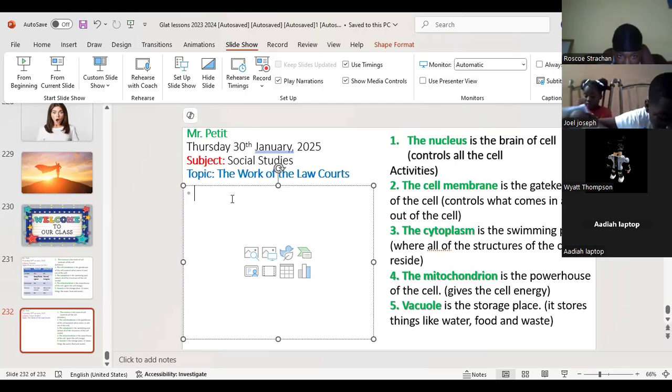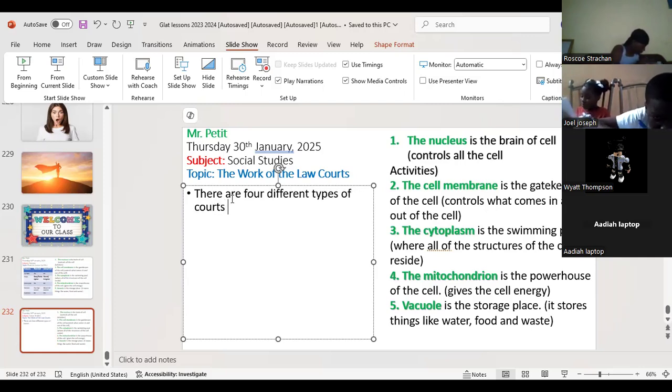So there are several courts. There are four, well, let's say four different types of courts in the Bahamas. What are those types of courts?